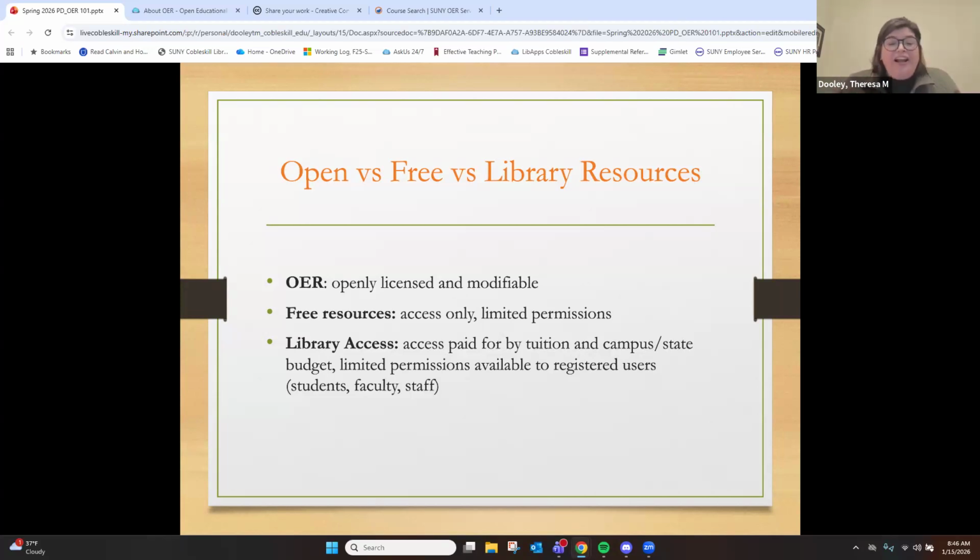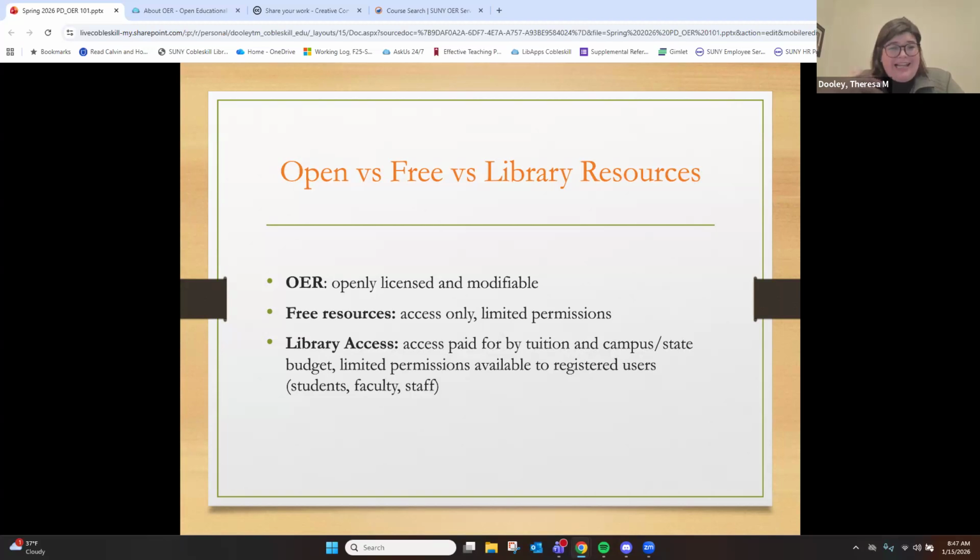With OER, not only can we access them, we also have the ability to share and modify them. Whereas a free resource, most of the time, falls under copyright unless it has that Creative Commons license applied to it. So we can access it, but in very few cases are we able to download or share it. Sometimes not, but that's a major limiter.